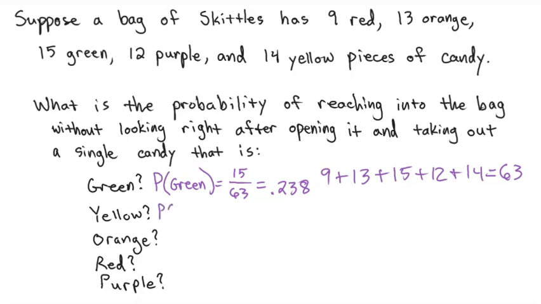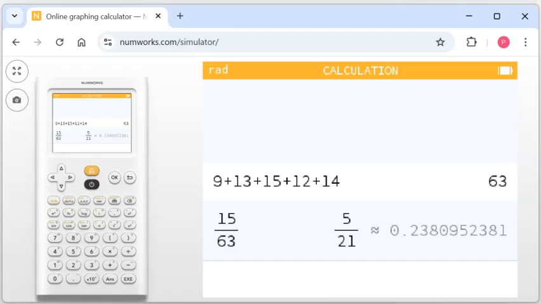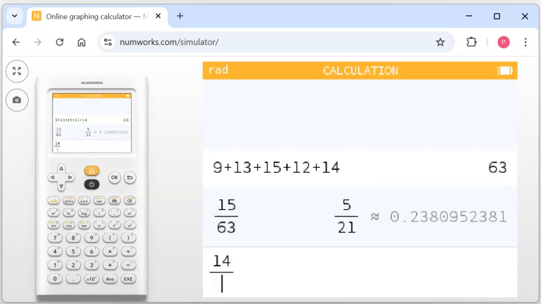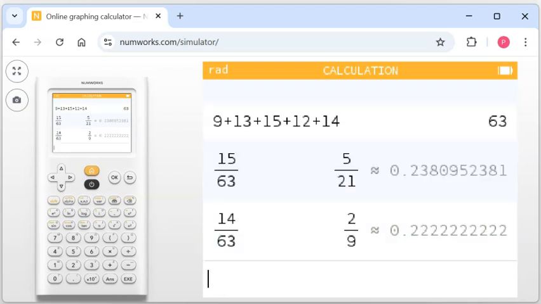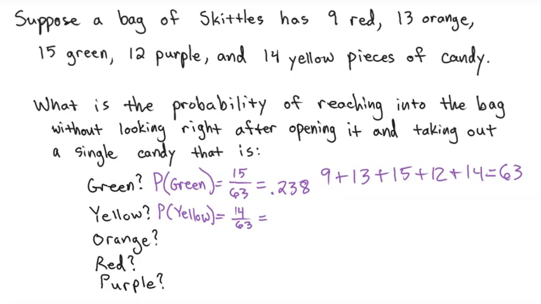Now let's try yellow. The probability of grabbing a yellow candy is however many yellow candies there are. There's 14 yellow candies, so it's 14 out of the total number of candies, 63. 14 divided by 63 is 0.222.